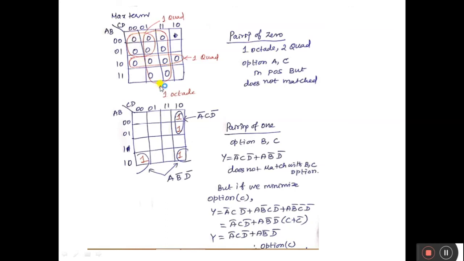Now, if I try to minimize, this is one octet, 8 values. This is one quad, and this is one quad. So here, two quads and one octet. Octet means the final answer may be only one variable. Quad means you can get two variables. So this is the POS form output I may get.